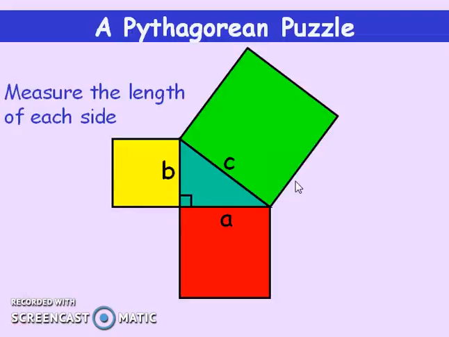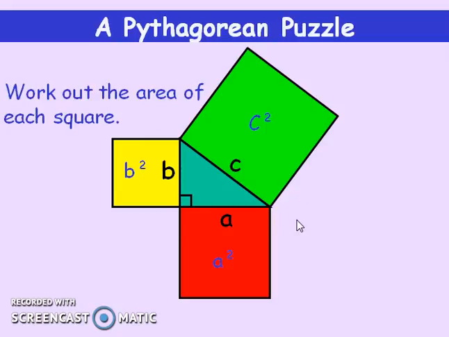Okay, next you need to measure the length of each side. First is the length of this side, A, and then this side, length B, and then this side, length equal to C. And then we need to work out the area of each square.